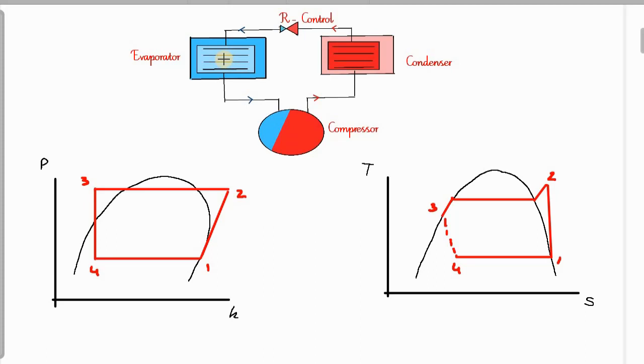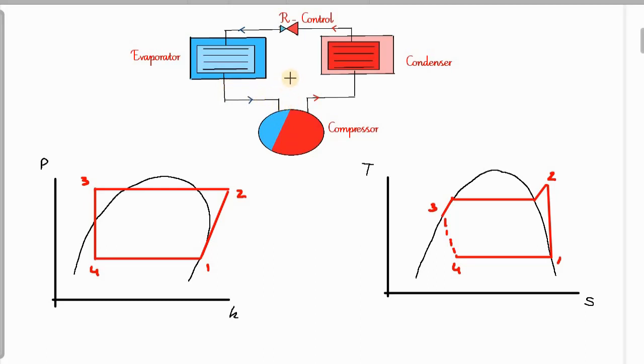During this phase change process it absorbs the latent heat of vaporization, and the heat is absorbed from the water around this cooling coil. Okay, after all the refrigerant changes into vapor state, the refrigerant is sucked by the compressor to be pressurized again.